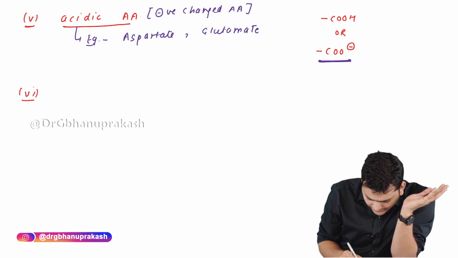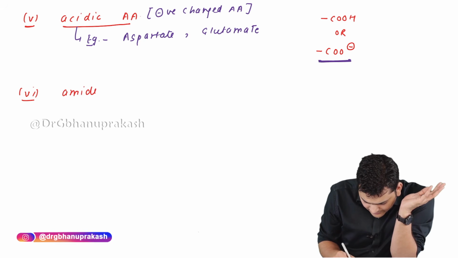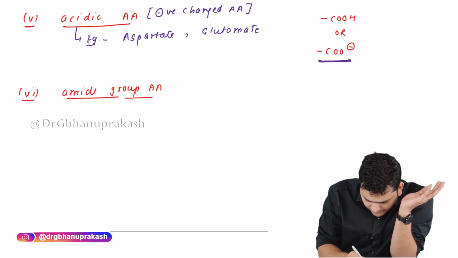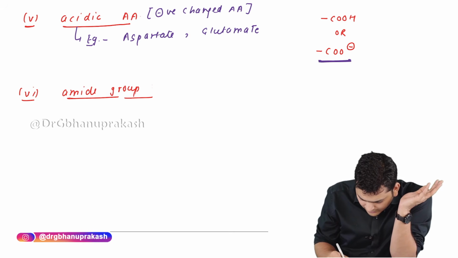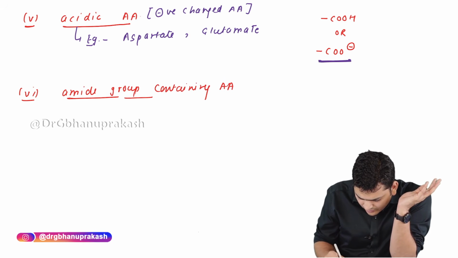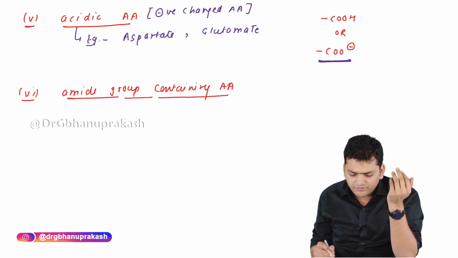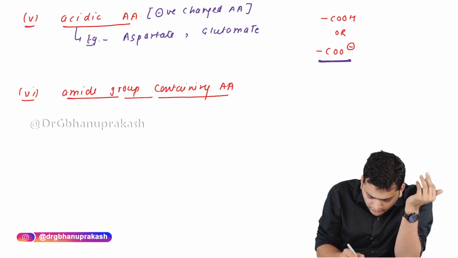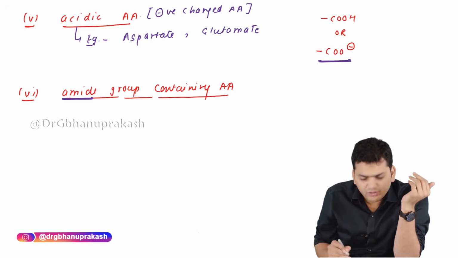The sixth subcategory is the amide group containing amino acid. To understand it, first we need to understand the meaning of the amide group.